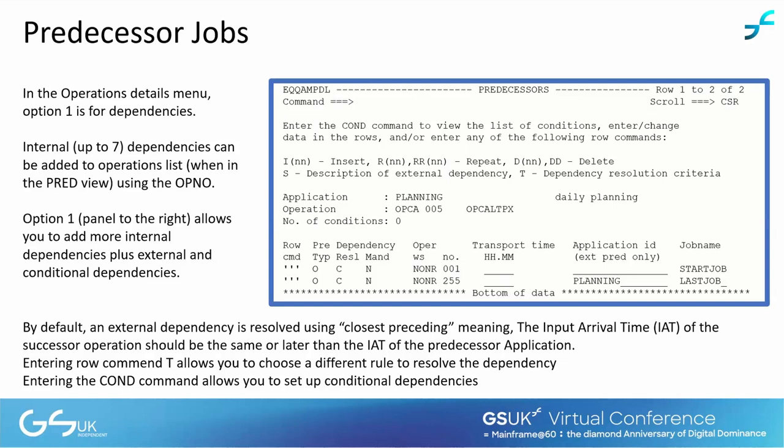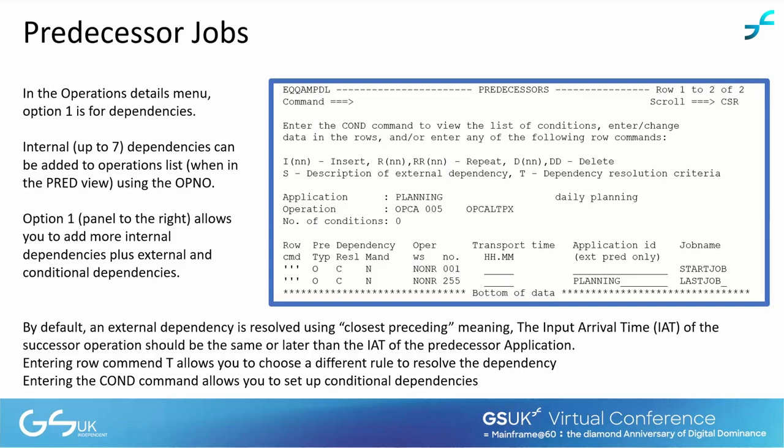These are external dependencies, but of course there could be internal dependencies because they're operations that run in the same application. So here I just have an example of building a dependency. For the operation, you select number one from the menu of different things that you can add to an operation, and number one is dependencies.